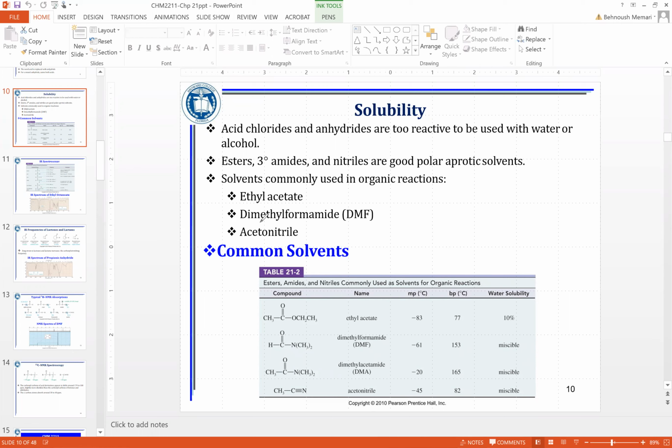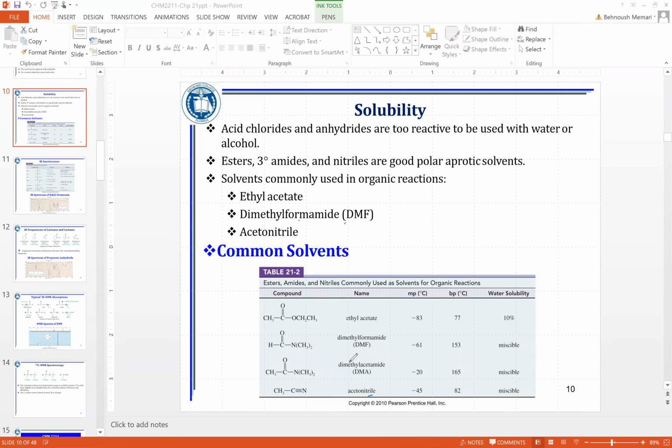For amides, DMF, dimethylformamide, is another good solvent that is used, and acetonitrile is another good solvent that is used.